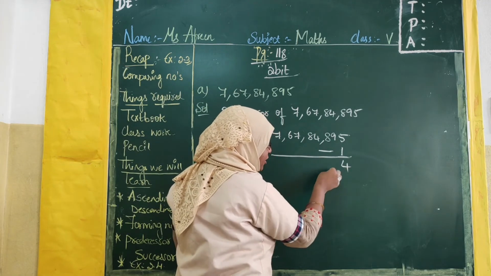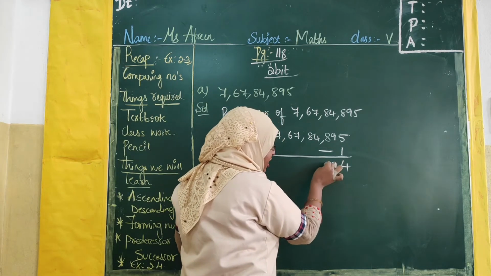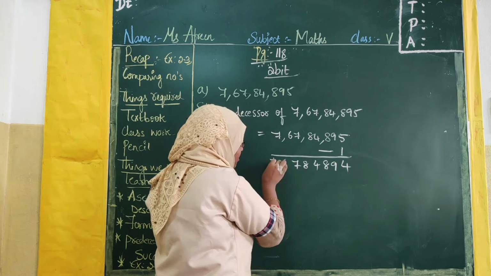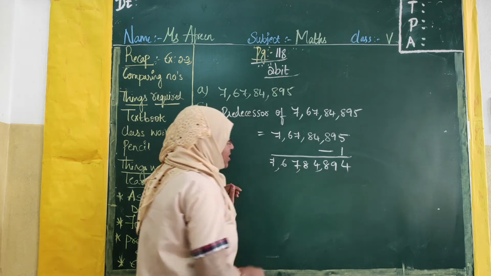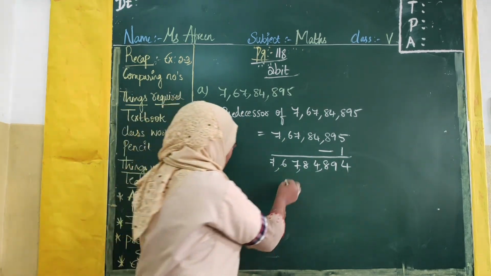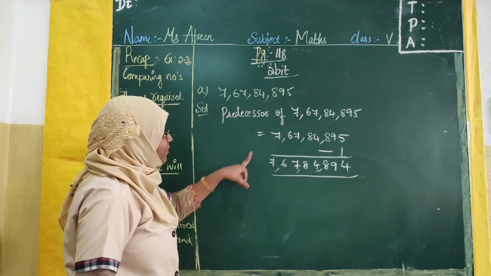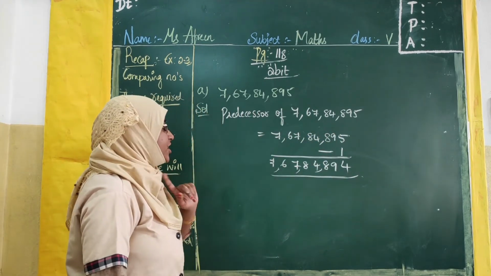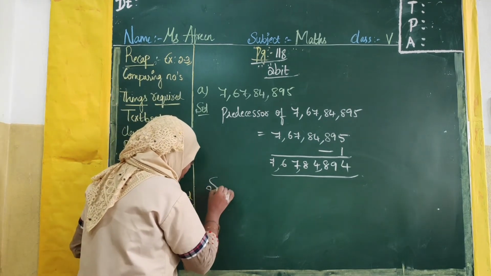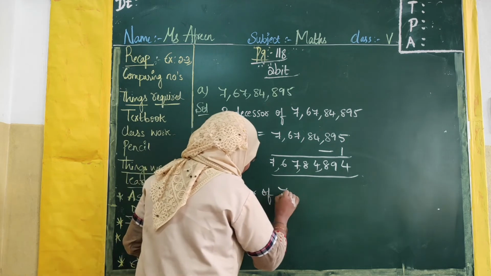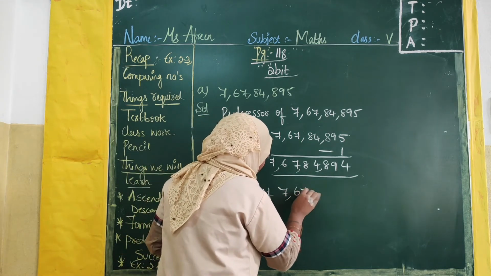As there are no numbers below, we will write the rest the same: 9, 8, 4, 8, 7, 6, 7. If you place commas, that is 7 crores, 67 lakh, 84,894. This is the predecessor of 7 crores, 67 lakh, 84,895.